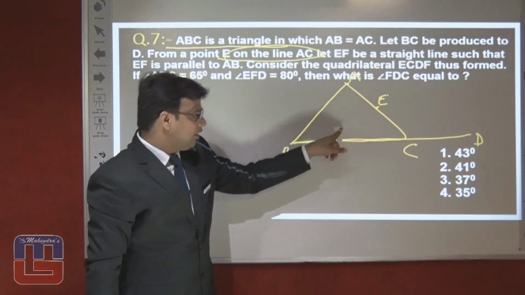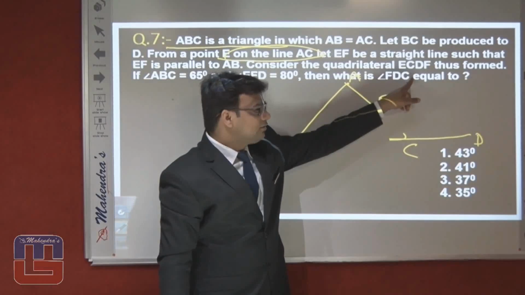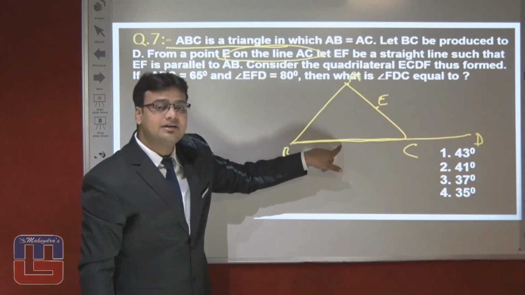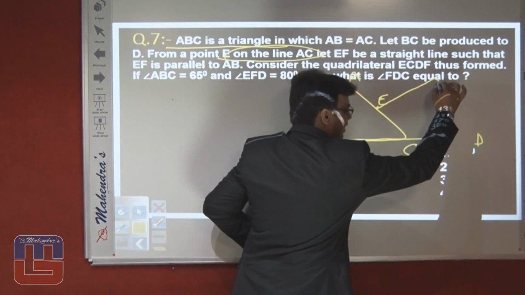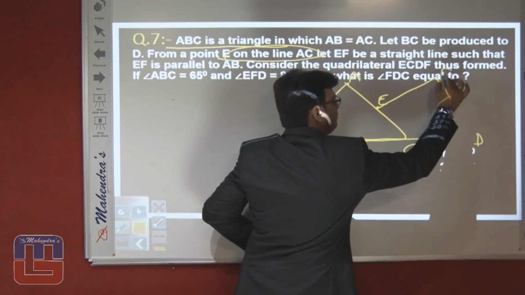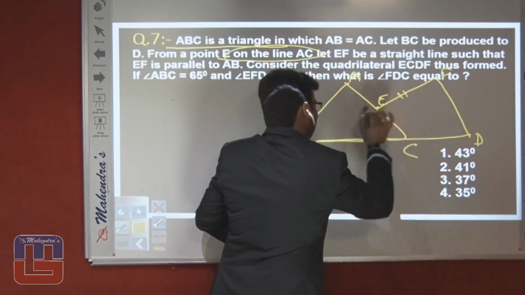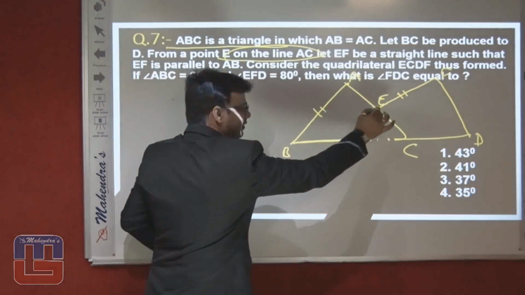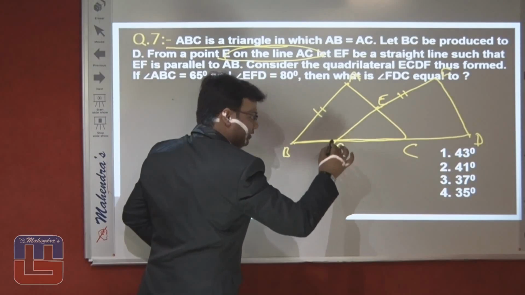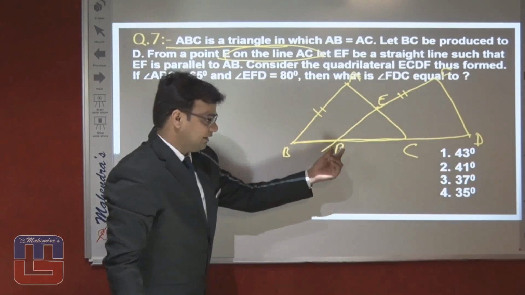We cannot write it that way, so we draw the figure as EFD. That line is parallel to AB. If we draw it this way, suppose it meets at P, then another triangle is formed, PFD.